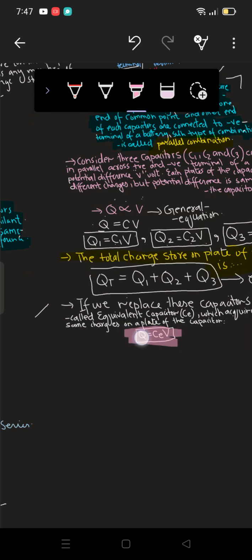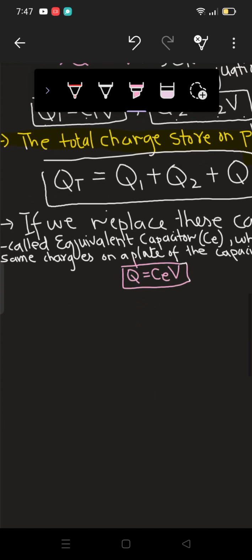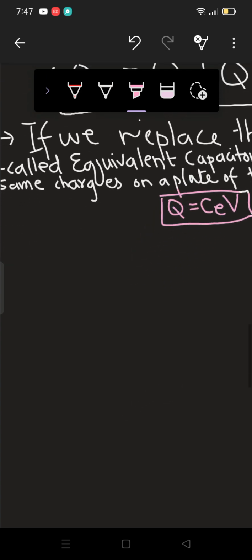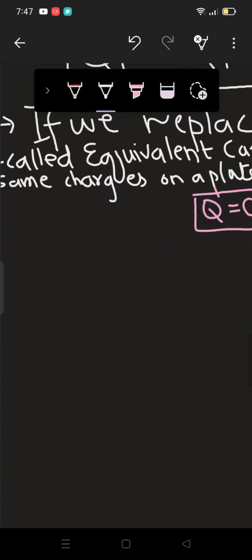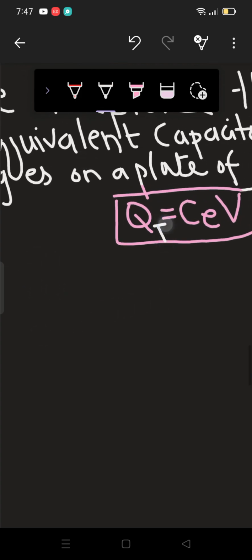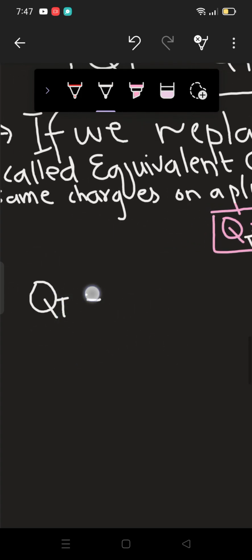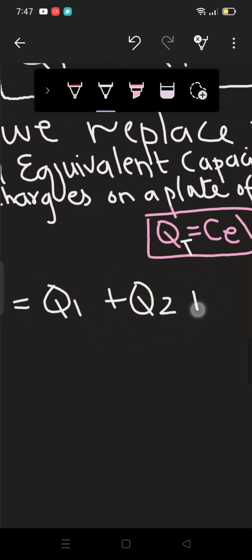Now we're going to find what the equivalent capacitance is equal to in the parallel combination. Using equation number 1, QT is equal to Q1 plus Q2 plus Q3.